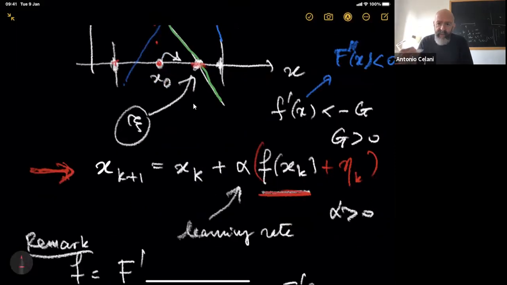In anticipation of what we will show later, this algorithm can be made to work if you choose appropriately your learning rate. This will become the key ingredient.